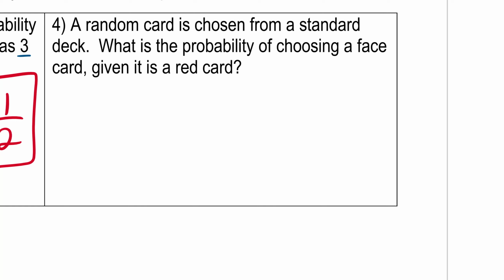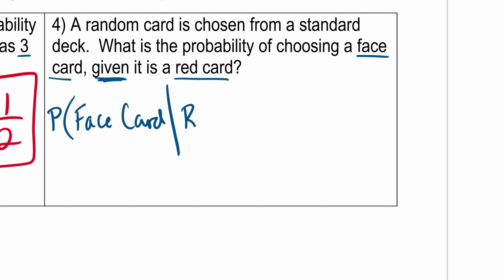Okay, so what is the probability of choosing a face card given it is a red card? Okay, so I'm going to do probability of face card given it's red.